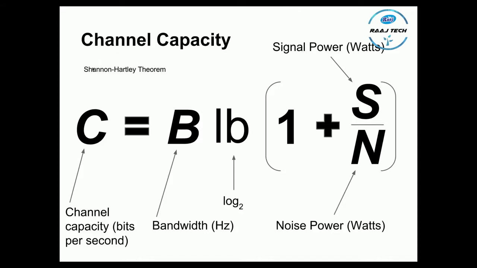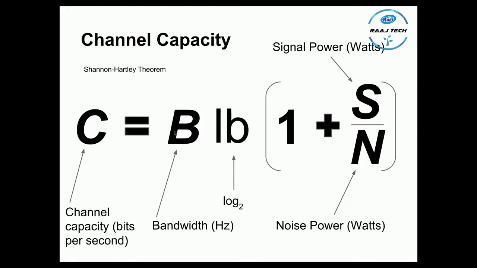This is the Shannon-Hartley theorem. And this says that the channel capacity of a physical medium is equal to its bandwidth in hertz times the log of 1 plus the ratio of the signal power expressed in watts divided by the noise power expressed in watts. Now, what I can see immediately from this equation is that channel capacity is directly proportional to bandwidth.